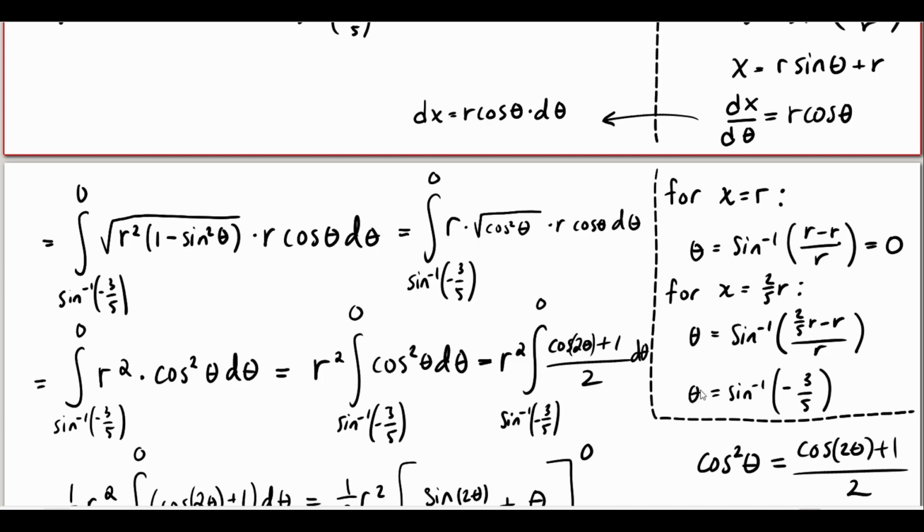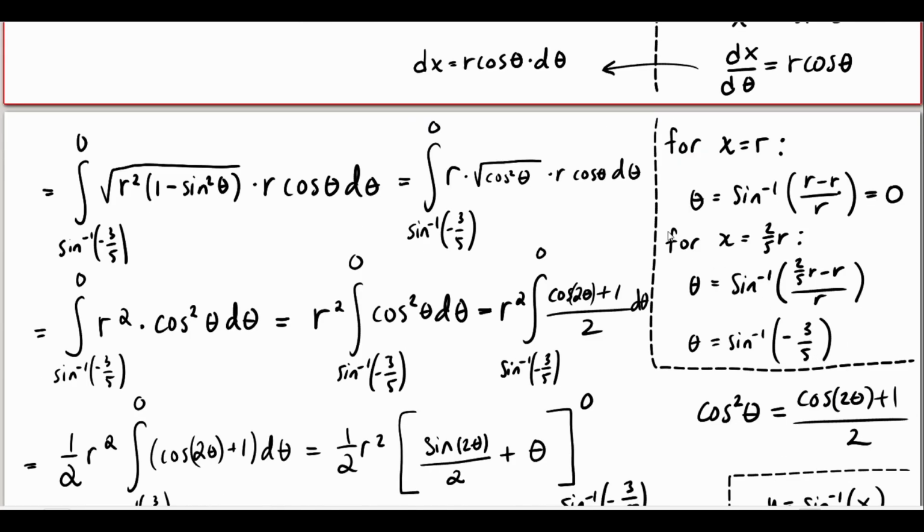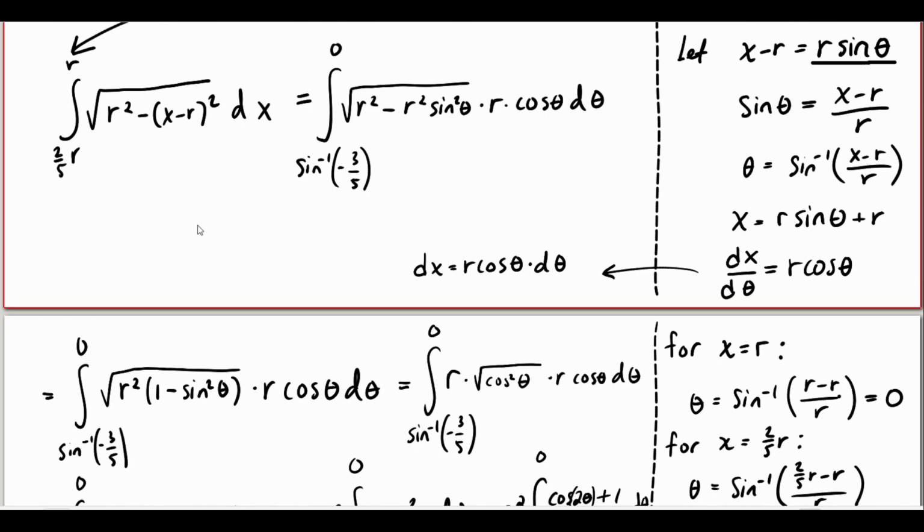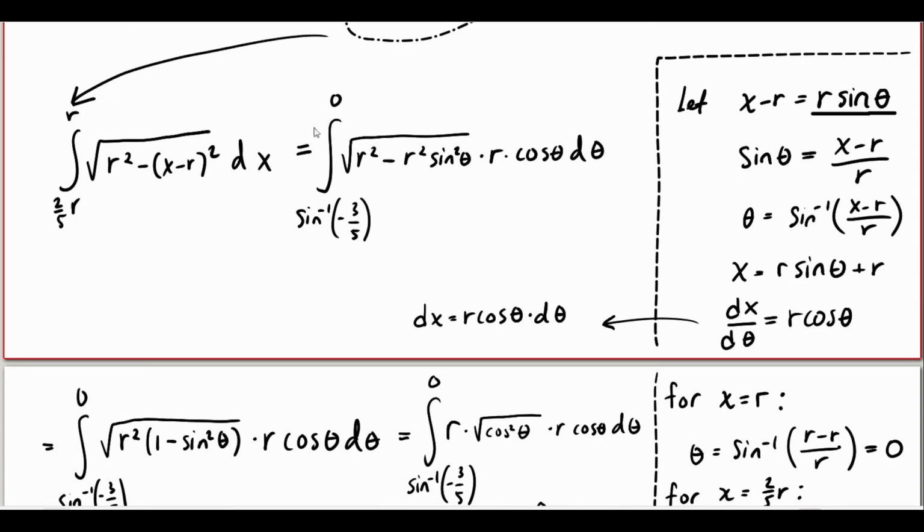So the lower limit of the integral becomes arc sine of minus 3 over 5. So we have this expression: the integral from arc sine of minus 3 over 5 to 0, and then we have this new expression here.